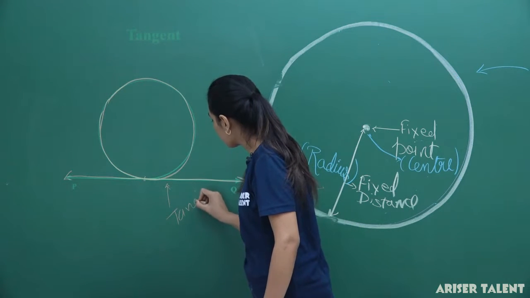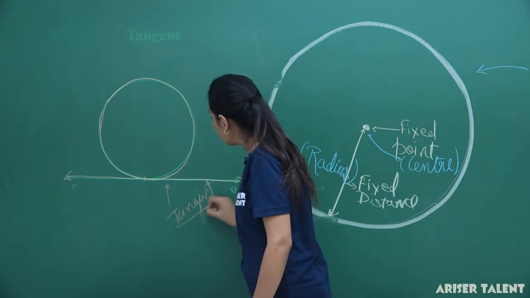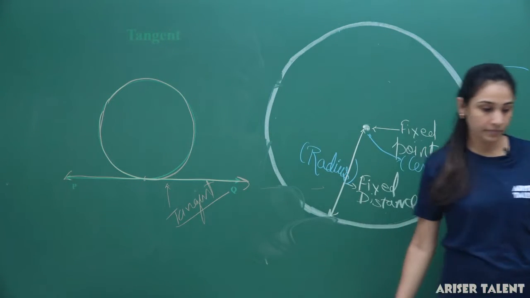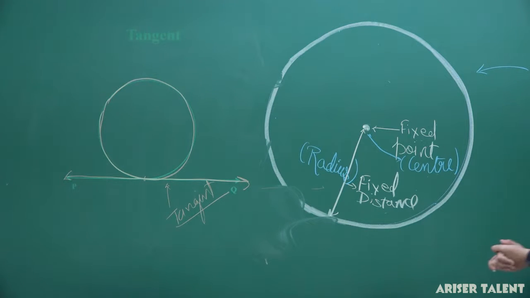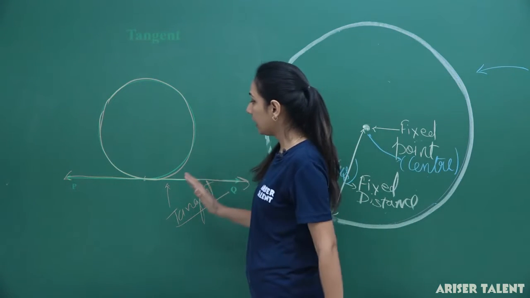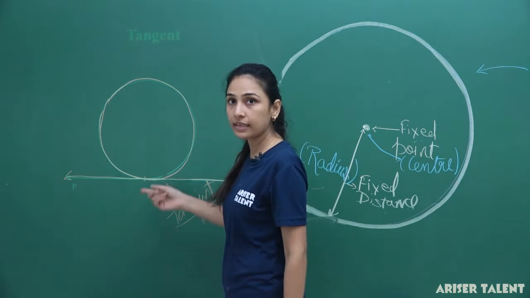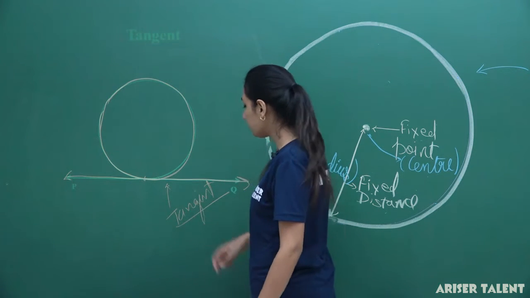Tangent. It is tangent to the circle. Okay, so note this. Now what happens if this goes beyond it? If it's touching at one point, intersecting it at only one point, then it is a tangent.